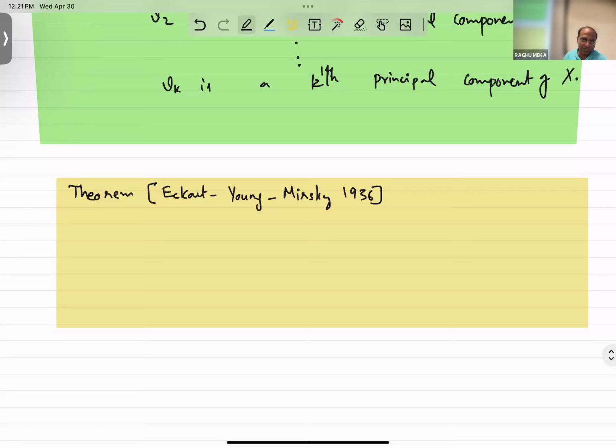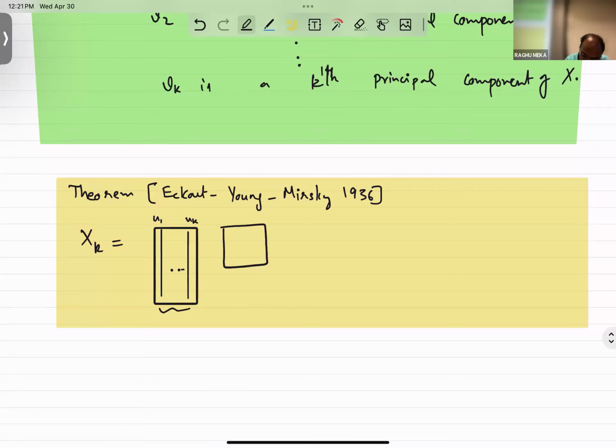Whatever your K you have, like maybe 10, 20, 30. Then I define the matrix Xk: you compute the SVD, but then only look at the first K things. So U1 up to UK, and then sigma 11, sigma 22 up to sigma KK.